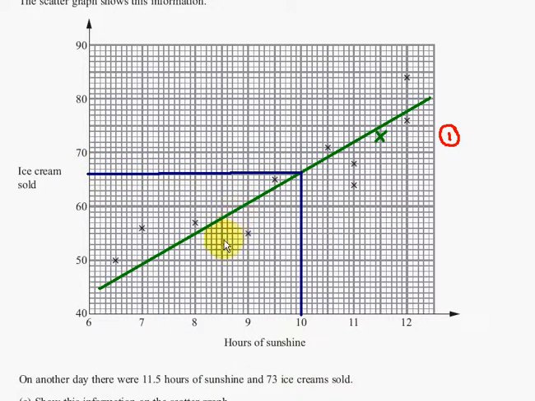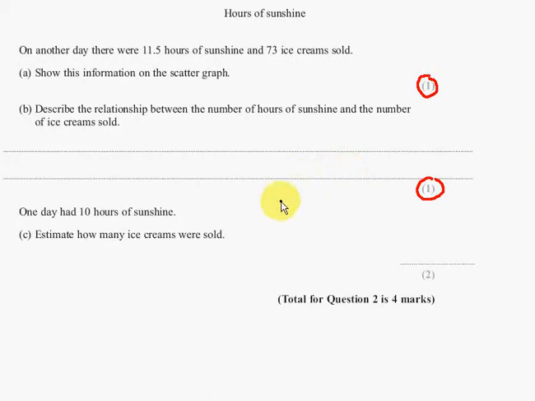So you can use that to estimate the number of ice creams sold, and I'm going to estimate that as when there's 10 hours of sunshine, I think there's going to be 66 ice creams sold. Okay, so I'm going to write 66 on the answer line there.